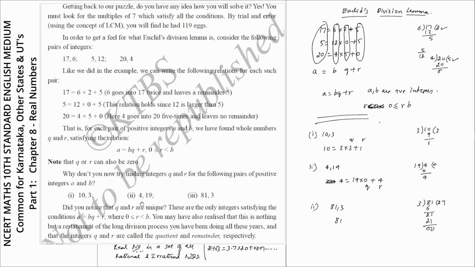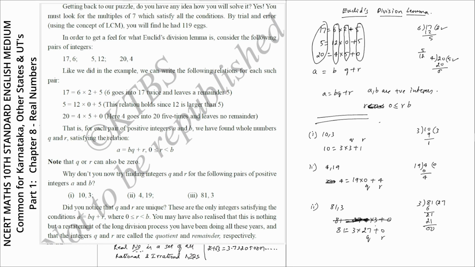So I can write 81 is equal to 27 into 3 plus 0. 0 is the remainder. So here 81 is equal to 3 into 27 plus 0. Q is 27 and R is 0.